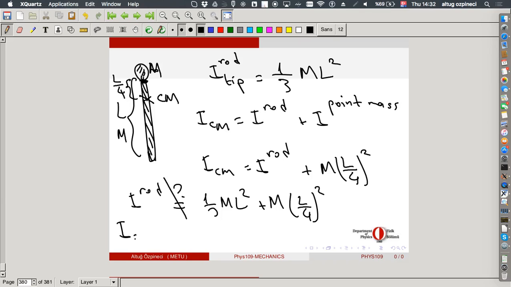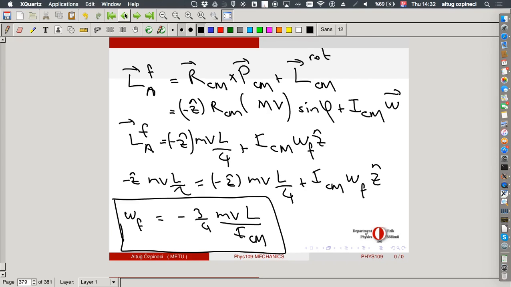This is now I center of mass, equal to 5 over 32 ml squared plus 1 over 16 ml squared. This is 7 over 32 ml squared. This is the moment of inertia of the whole system for rotations around this point.